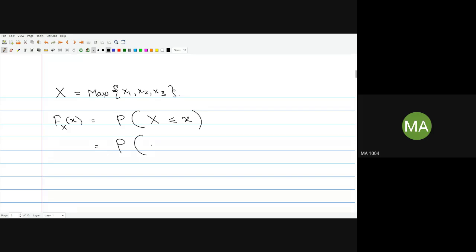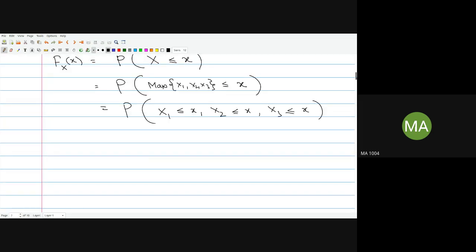And what is this X? Max of x1, x2, x3 should be less than or equal to x. When will the maximum be less than or equal to x? When all are less than or equal to x, then the maximum will also be less than or equal to x. So that means x1 less than or equal to x, x2 less than or equal to x, and x3 less than or equal to x.